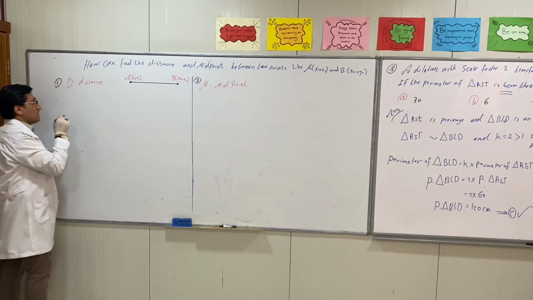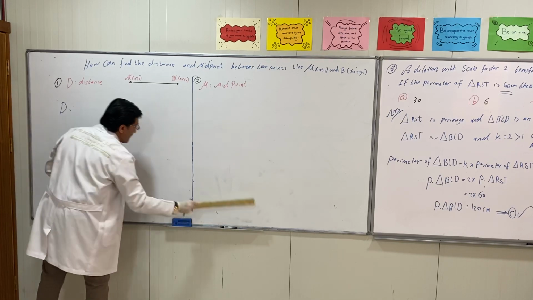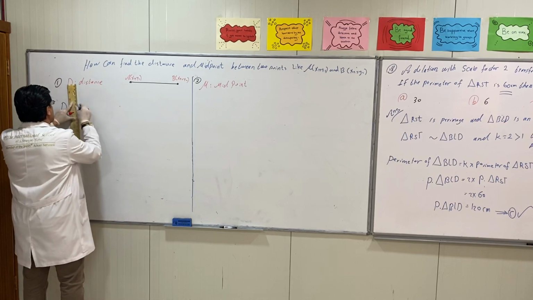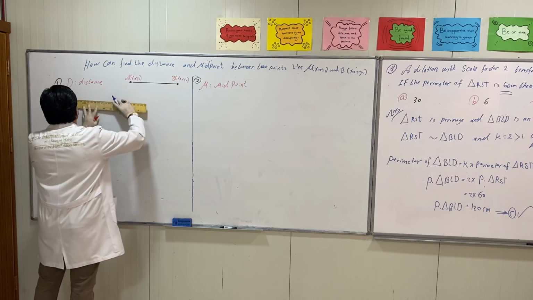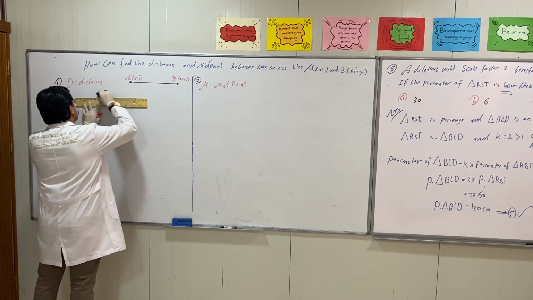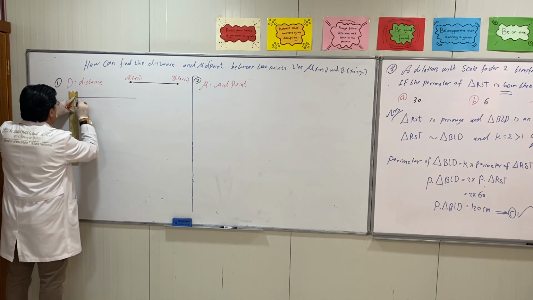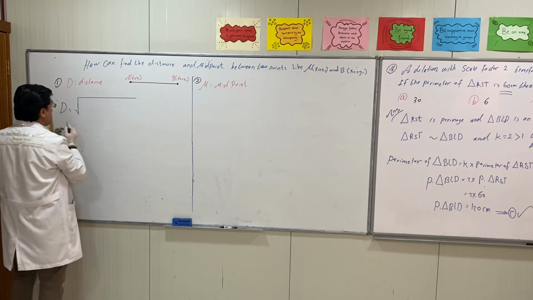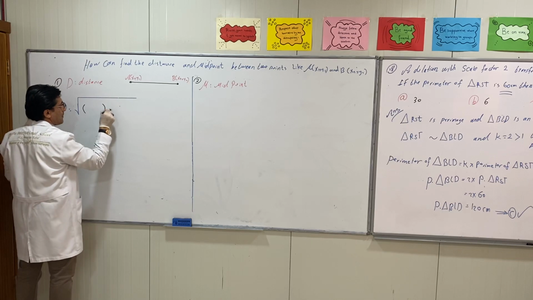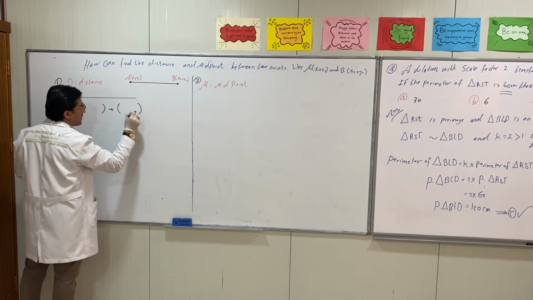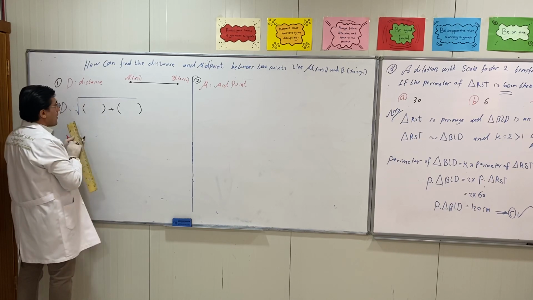So the distance D equals the square root of, you have two brackets, between the two brackets is positive, and all the brackets are to the power 2.